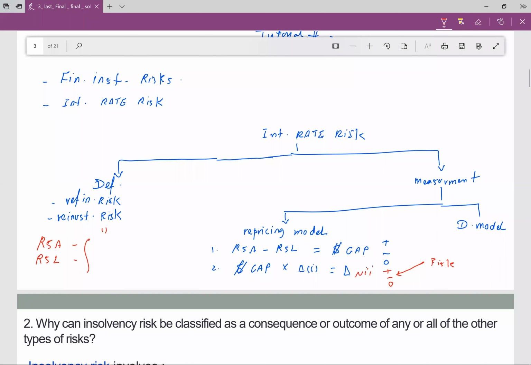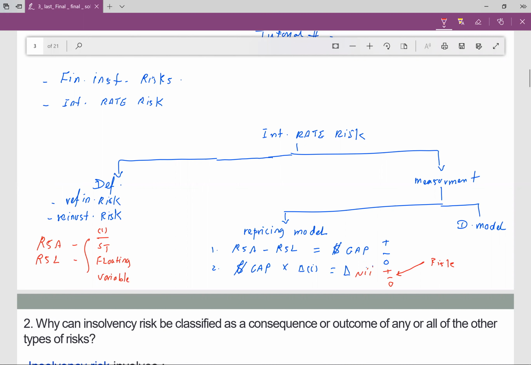Number one, either they are short-term, or you find a word called floating, or another word called variable. So if the item in the risk-sensitive assets or risk-sensitive liabilities is this type, then they become risk-sensitive if you want to calculate a horizon.